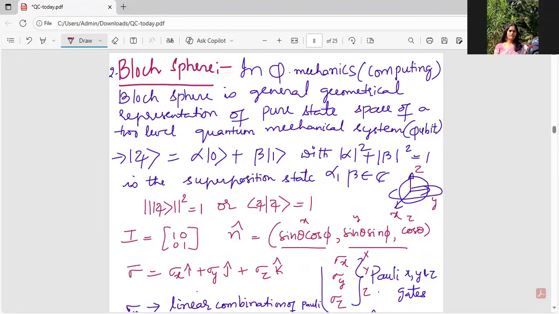Now, in terms of these operators, sigma along the three directions, if you are asked to define, I mean in terms of vectors or in terms of the spherical notation, sigma bar is nothing but sigma x i cap, sigma y j cap plus sigma z k cap.